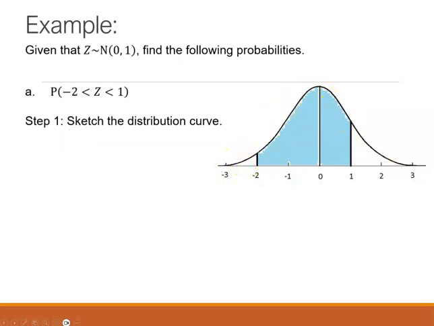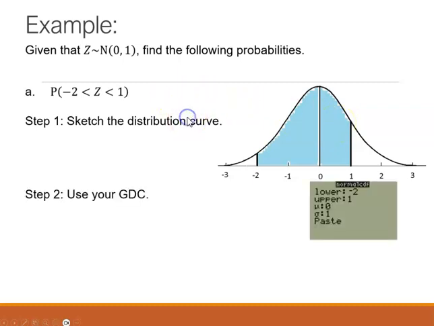Here's our normal curve. I labeled the mean at 0, so that should match up with the peak. And then I labeled each tick mark one standard deviation. If the standard deviation is 1, we're just counting by ones. And then I shaded the area between -2 and +1. So far, so good.